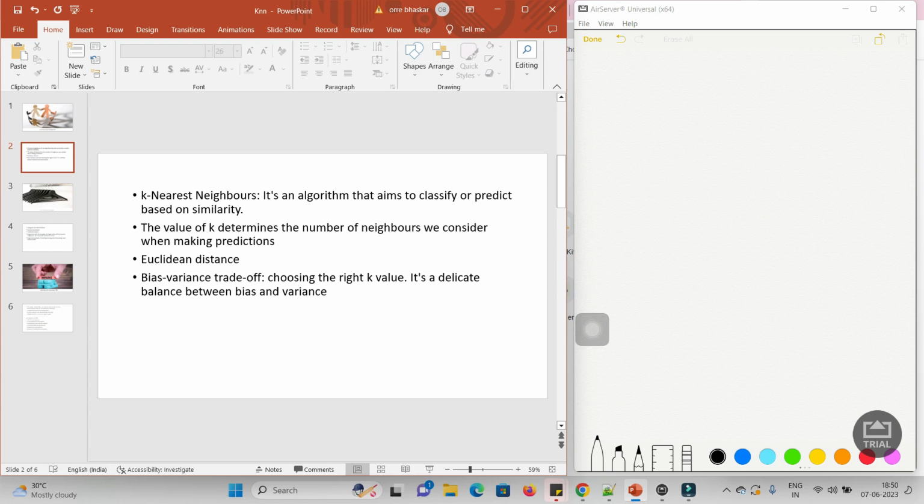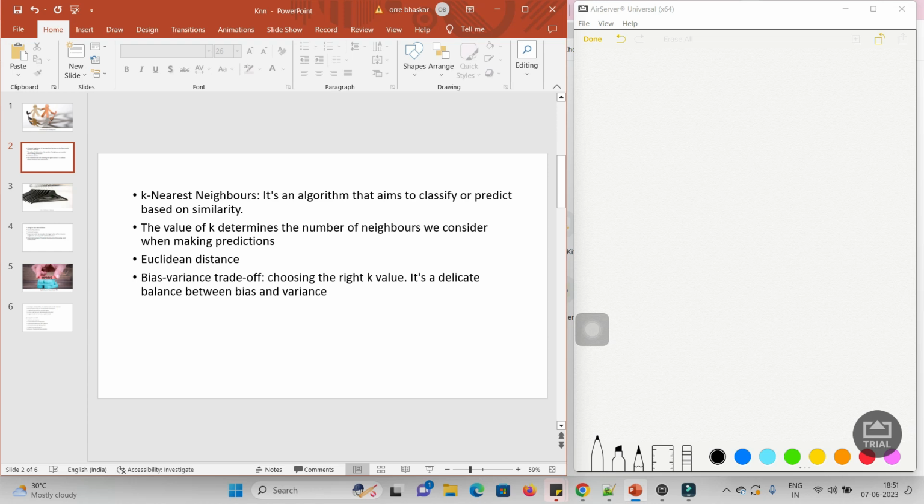Now, here's something important. Choosing the right value of k is important. It's a delicate balance between bias and variance. Bias refers to the error introduced by approximating a real-world problem with a simplified model.